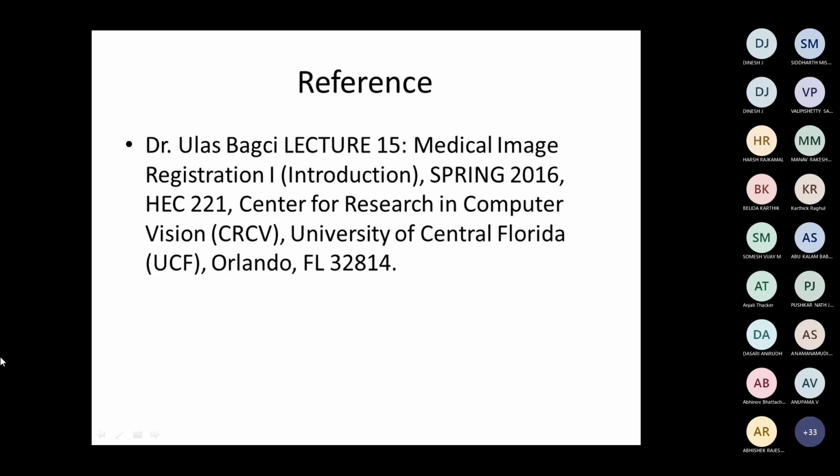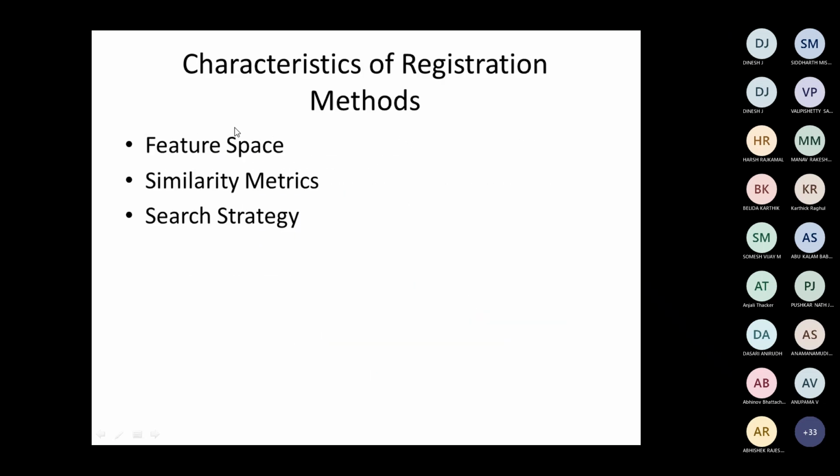This is the reference that I have taken, from Wallace Batty, Medical Image Registration, a lecture given in 2016. He is working in the Center for Research in Computer Vision at the University of Central Florida, and these are the lectures that I have taken from there.